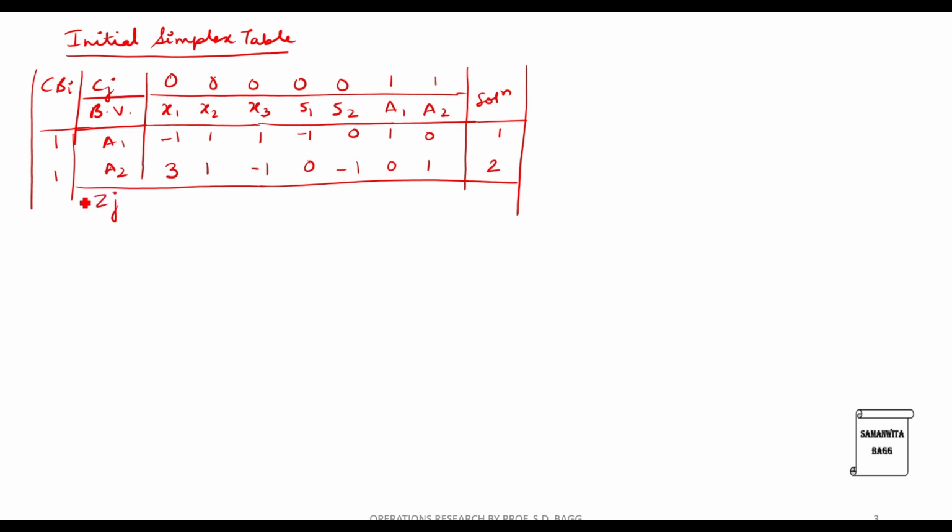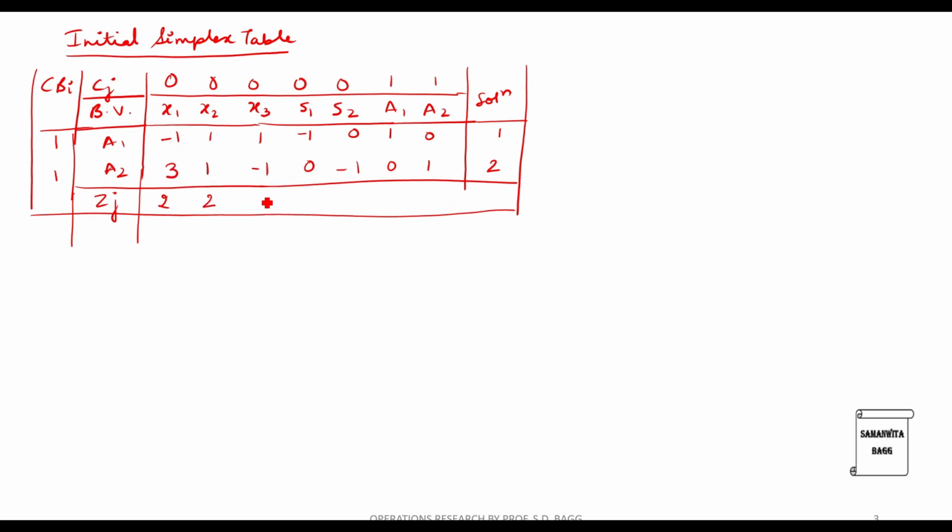Now we need to calculate Zj. For calculating Zj, you know the formula. It is this value into the CBI value plus this value into the CBI value. So it is the first row value, minus 1 into 1 plus 3 into 1. So it is 3 minus 1, that is 2. Next is 1 plus 1, 2.